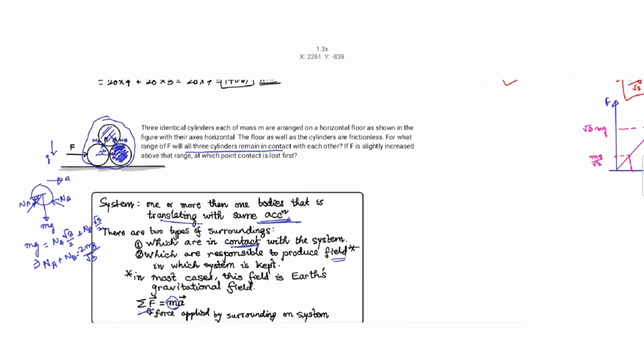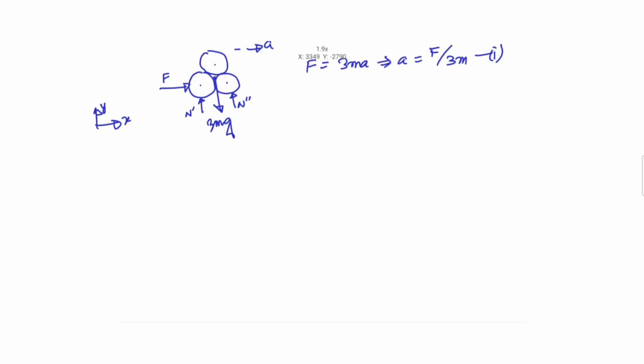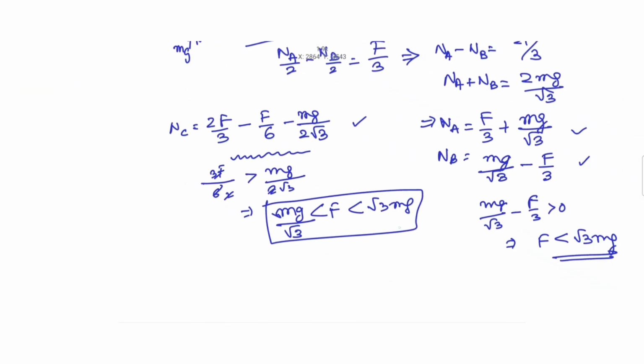And one more thing was asked in the question, that is, if F is slightly increased above the range, at what point the object first loses contact. So say F is increased beyond root 3 mg. When F is increased beyond root 3 mg, notice that NB will become negative. That is, there will be a point where NB becomes 0, and afterwards it will become negative.